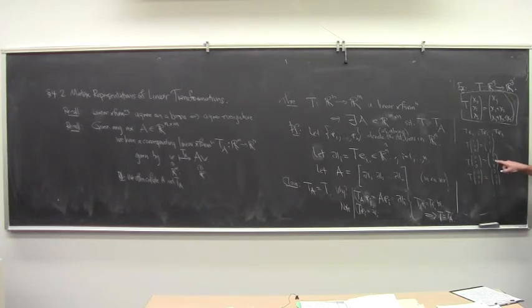These are the things that, as the theorem says, we put in a matrix. And that is the matrix which behaves exactly the same way as T does. Okay?